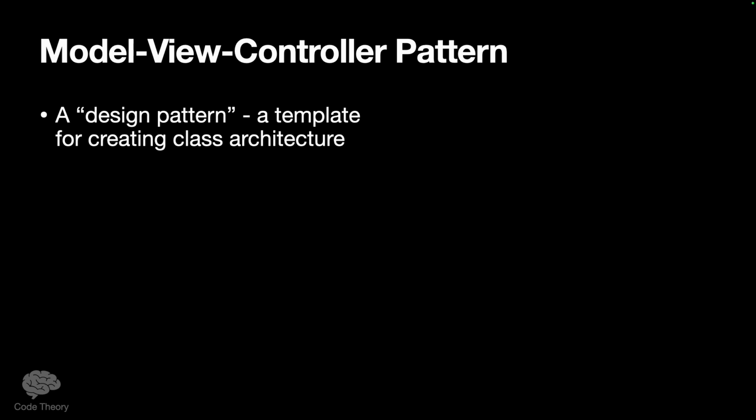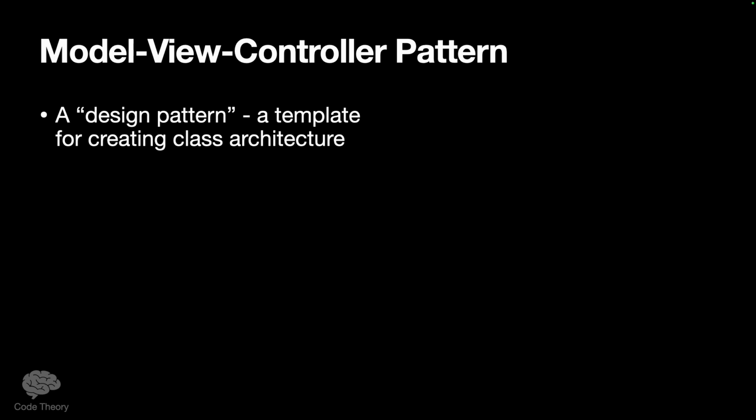So design patterns are a kind of template for how you set up protocols and types like structs and classes and stuff, how you arrange them together in common ways. There are a number of them that are specifically designed for handling graphical user interfaces, and MVC is one of them, and it is the one that Apple has chosen for UIKit, okay?